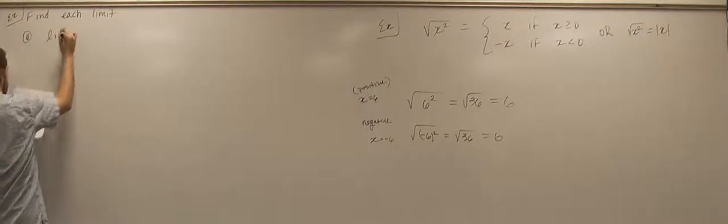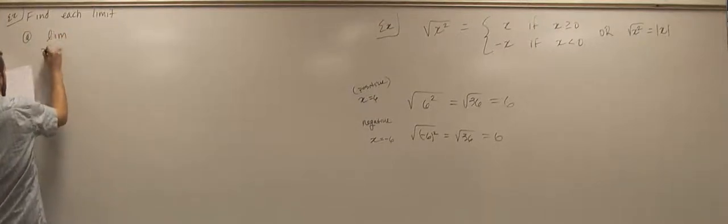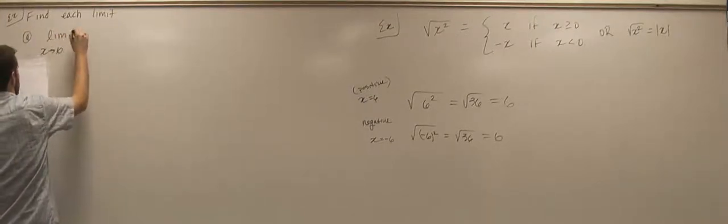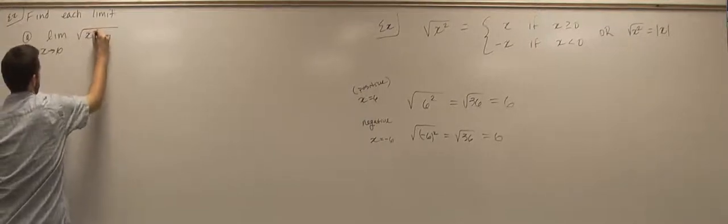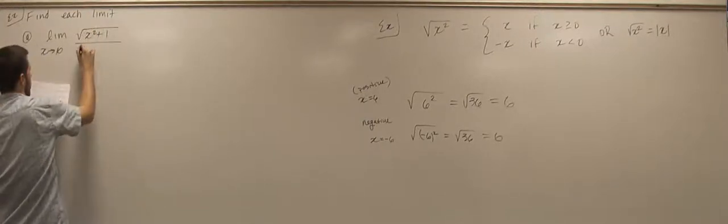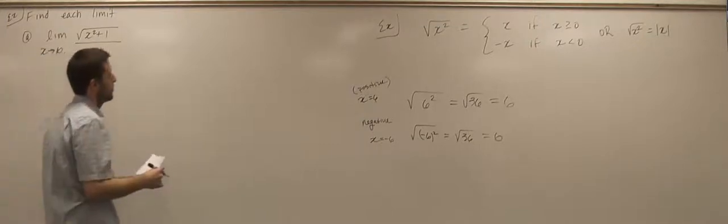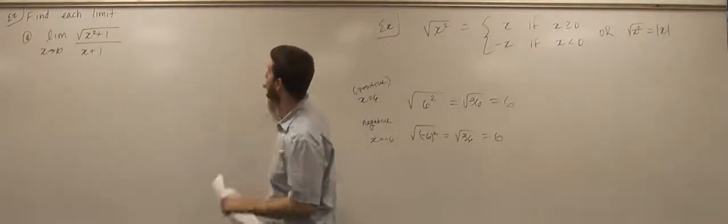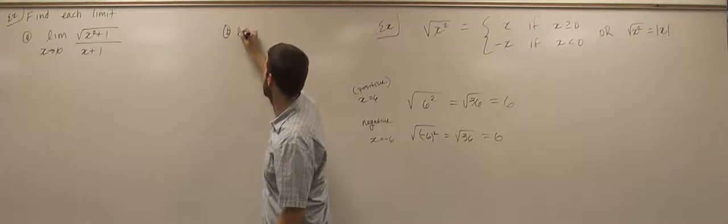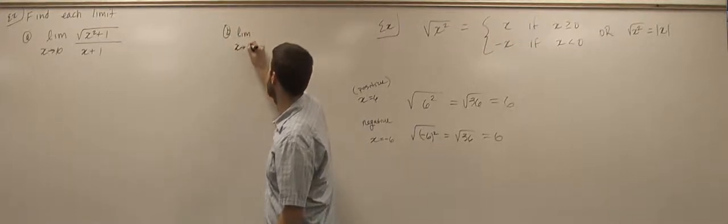And we'll do the limit as x goes to infinity of root x squared plus 1 over x plus 1. But then we'll also do the limit as x goes to negative infinity of the same thing.